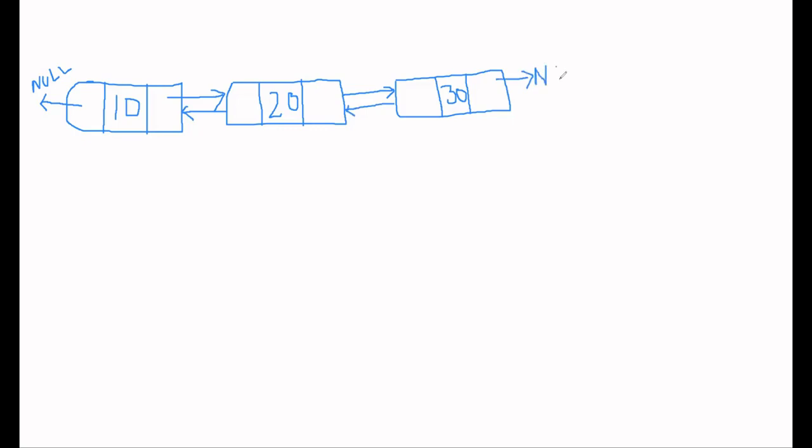Again, we'll have one head pointer which will point to our first node. So it will be our first node, second, third, and the last node. The last node's next will be pointing to null, and the first node's previous will be pointing to null.